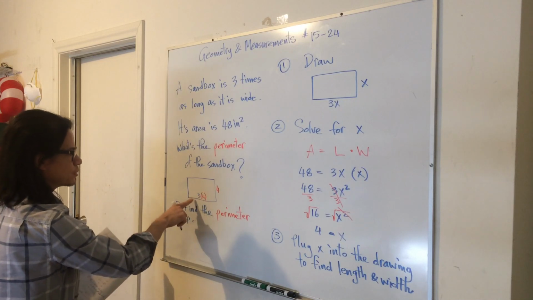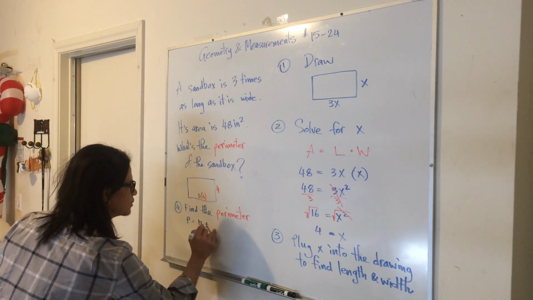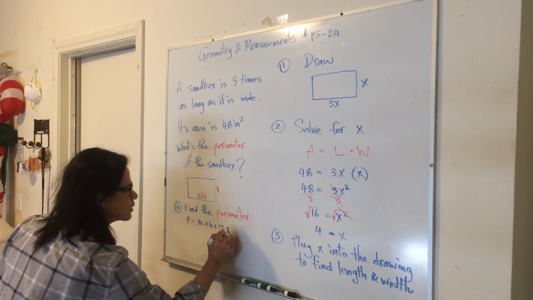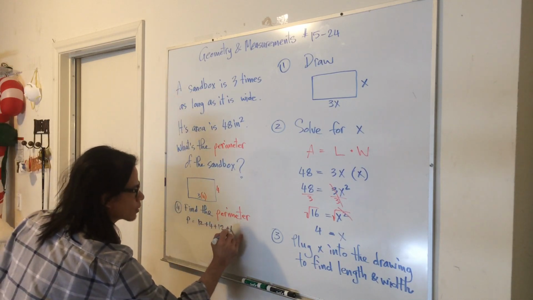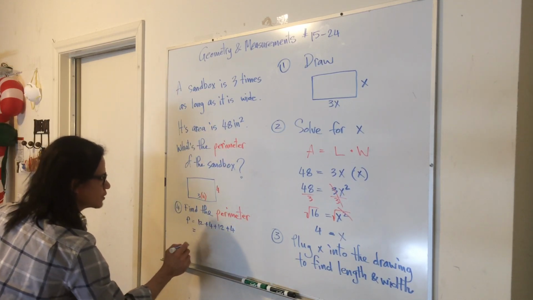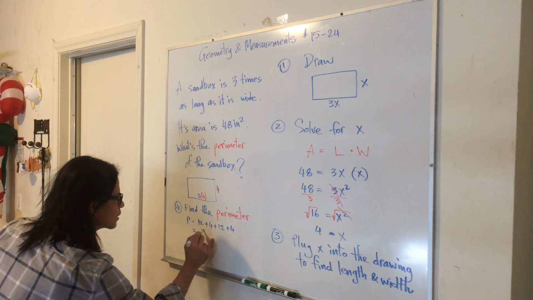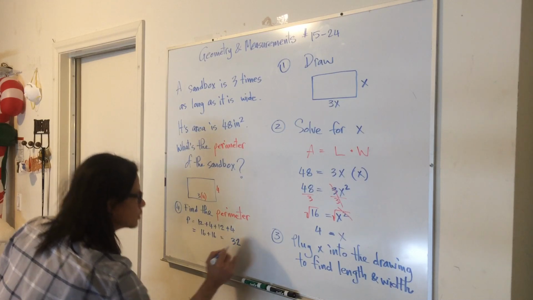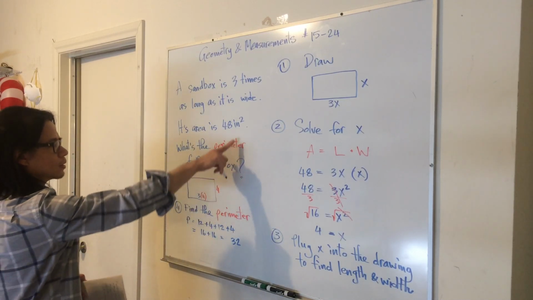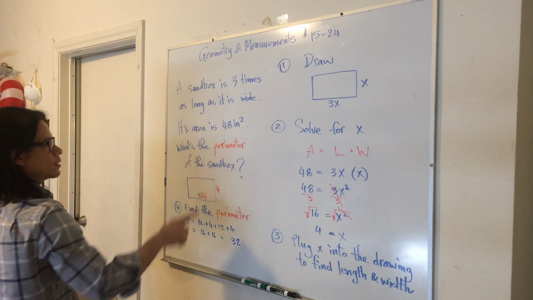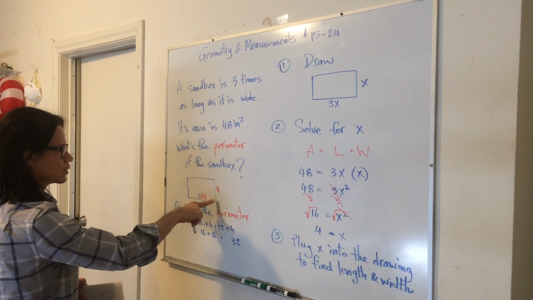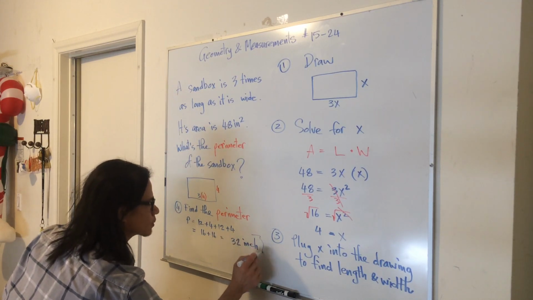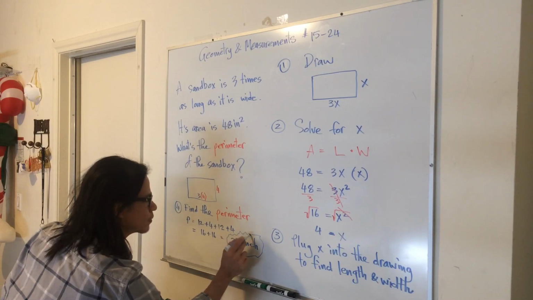So 3 times 4 is 12, plus 4, plus the top side is 12 too, plus 4. 12 plus 4 plus 12 plus 4 is the same as 16 plus 16, which is equivalent to 32. The unit is inches, so the perimeter would be 32 inches. There it is.